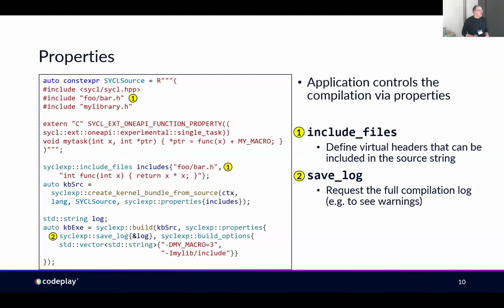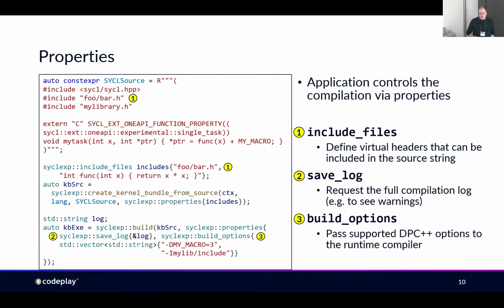First one would be save log, where you can request the full compilation log, because the runtime compiler does not print anything to standard error by default, but you can get the log with this property. And as I said, if you have an error, then you will get an exception with a compilation log as well. A bit more interesting maybe is also the build options property, where you can pass supported DPC++ options to the runtime compiler.